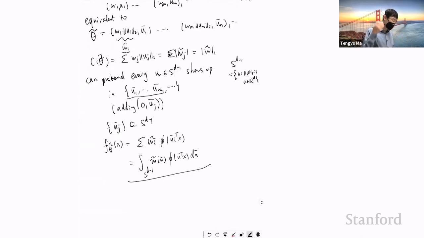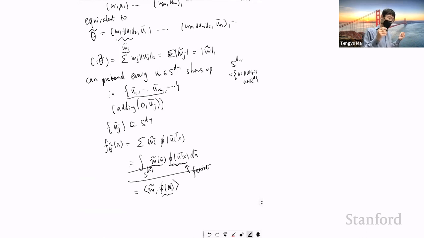Okay. Basically, the way you can view this is that you can say this is a W tilde inner product with phi of x, and phi of x is a universal feature map. You think of each of these as a feature, and this is the coefficient in front of the feature.